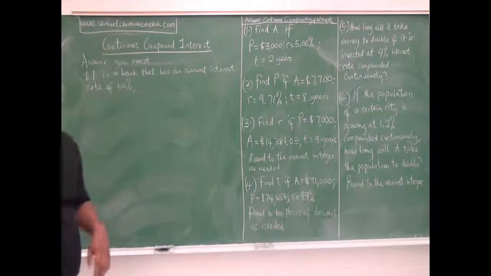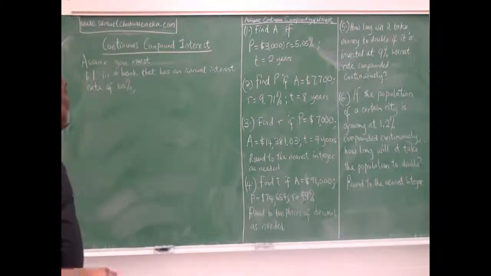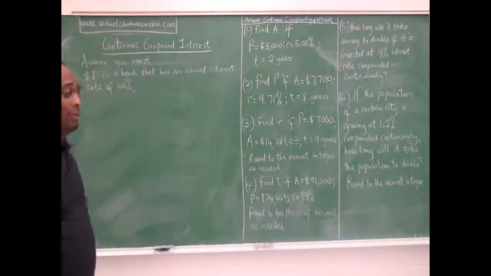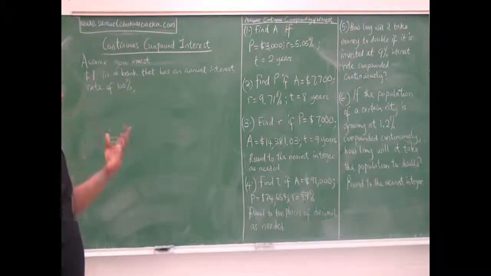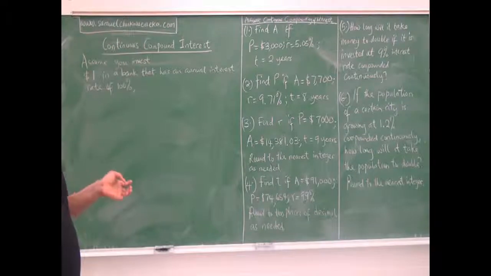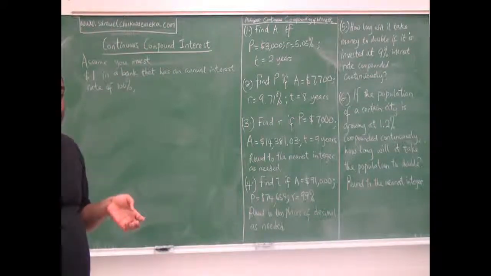Although I'm yet to see such banks. If I see such a bank, I will go immediately. Now, assume you invest $1 in a bank that has an annual interest rate of 100%, right?